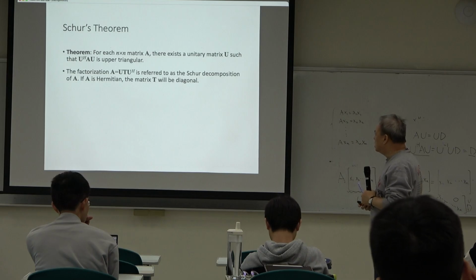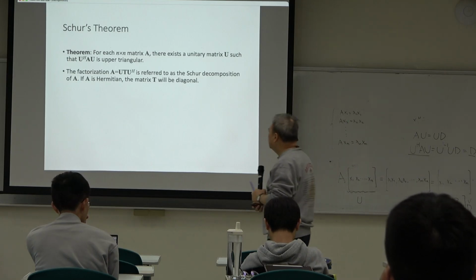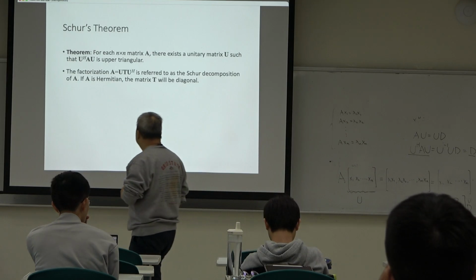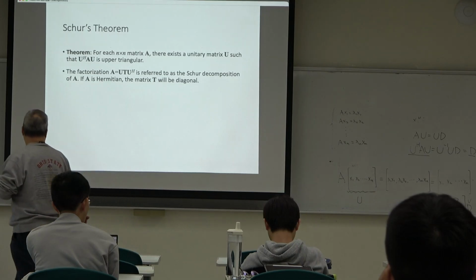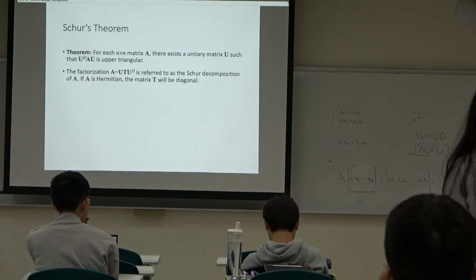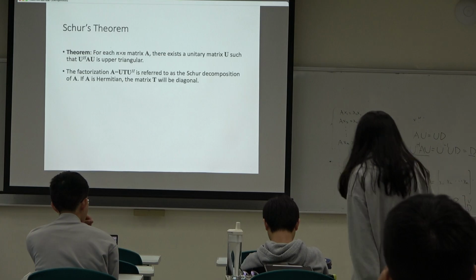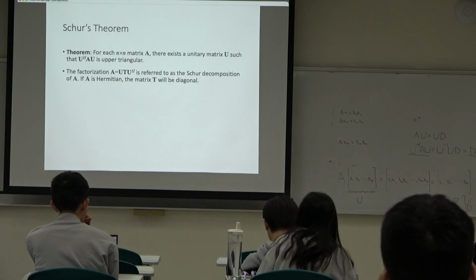Then it's Schur's theorem. Okay, for each n by n matrix A, there exists a unitary matrix U such that U^H A U is upper triangular.